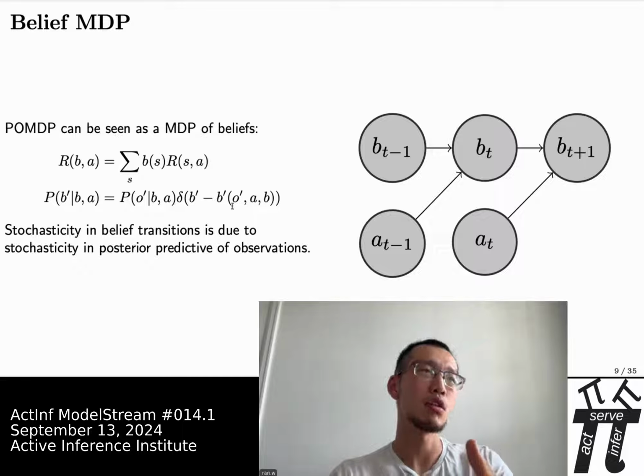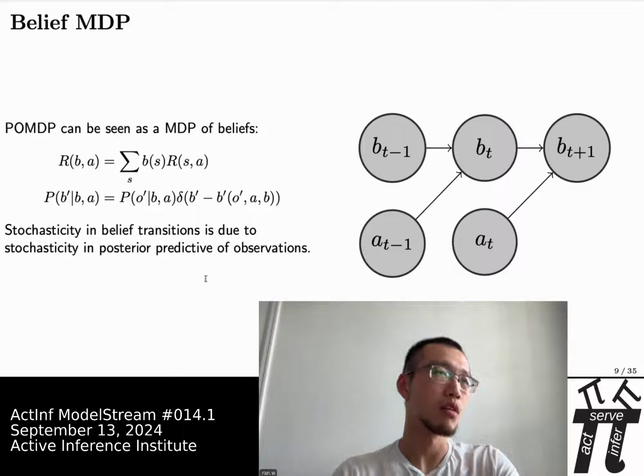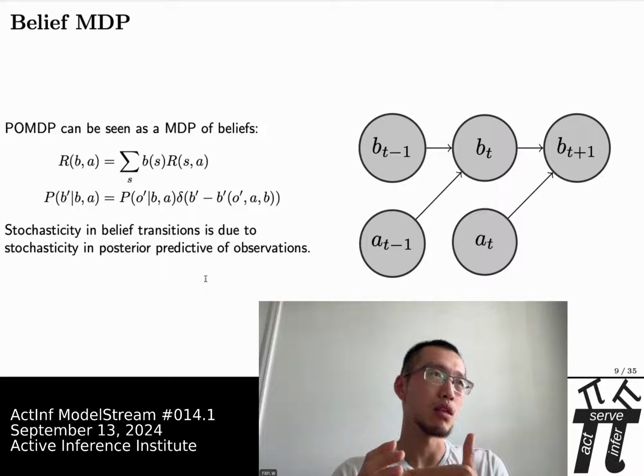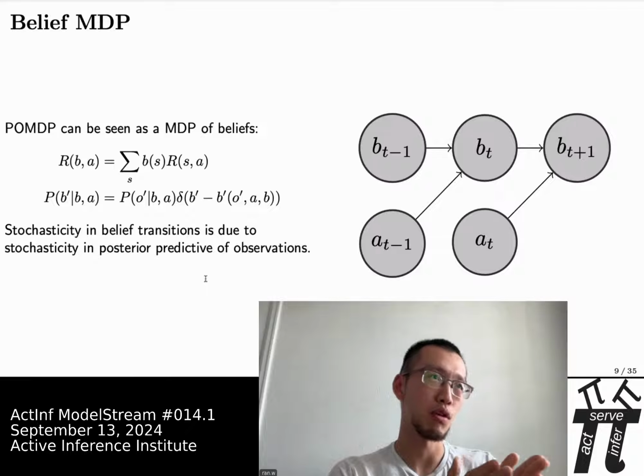And you're going to perform a Bayesian update on this counterfactual observation to get the next belief. Because the marginal distribution over the observation is in general stochastic, this makes the belief transition dynamics also stochastic. So this is the equivalent belief MDP for the POMDP.